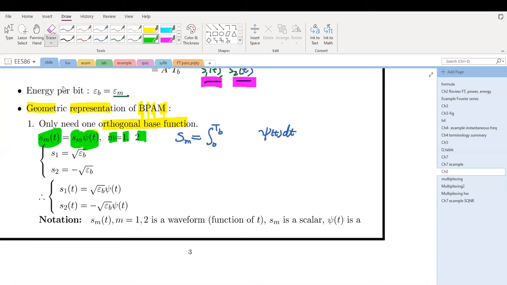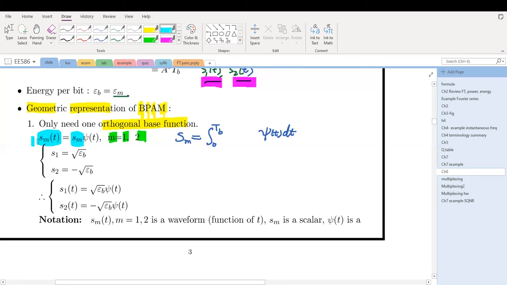by this orthogonal waveform. Pay attention that the notation in the textbook is confusing. s_m(t) here is one notation, which represents the waveform as a function of time. And s_m is a scalar, not a function of time.